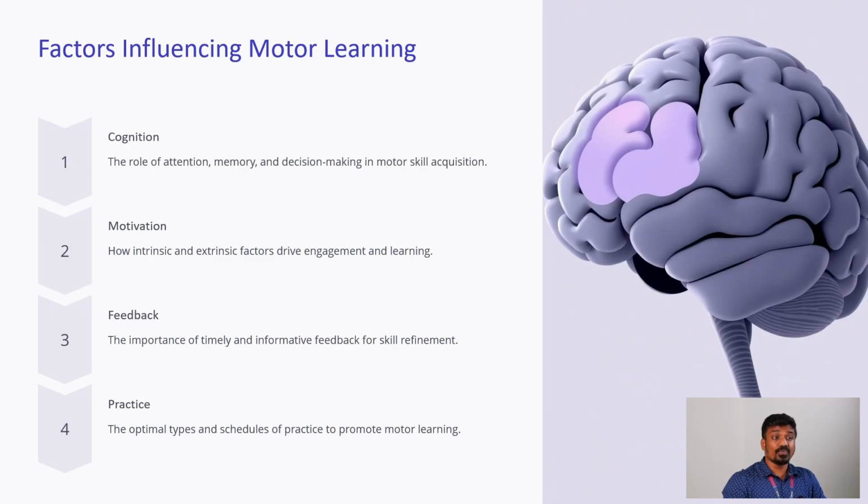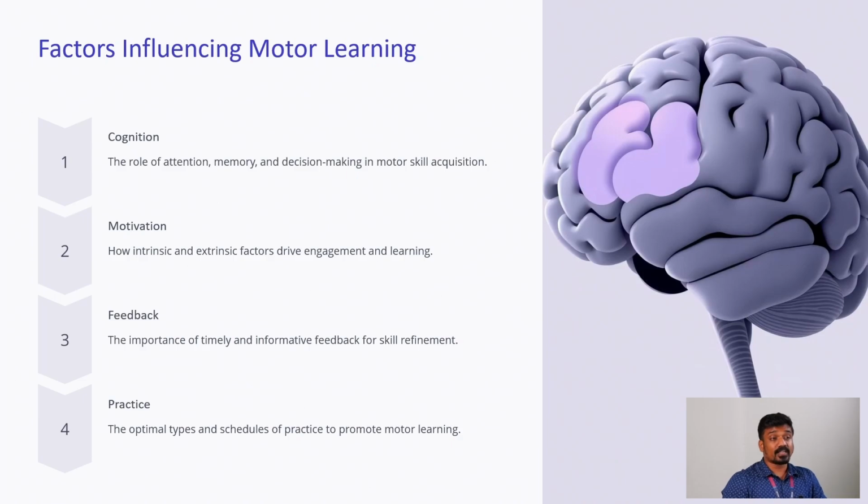Practice. The frequency and the type of practice significantly affect motor learning. Consistent practice, whether in a controlled setting or an actual game-like environment, helps athletes develop and refine their skills.